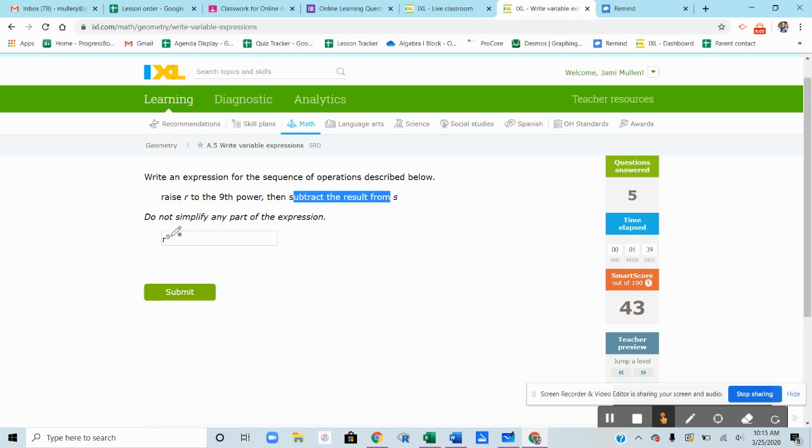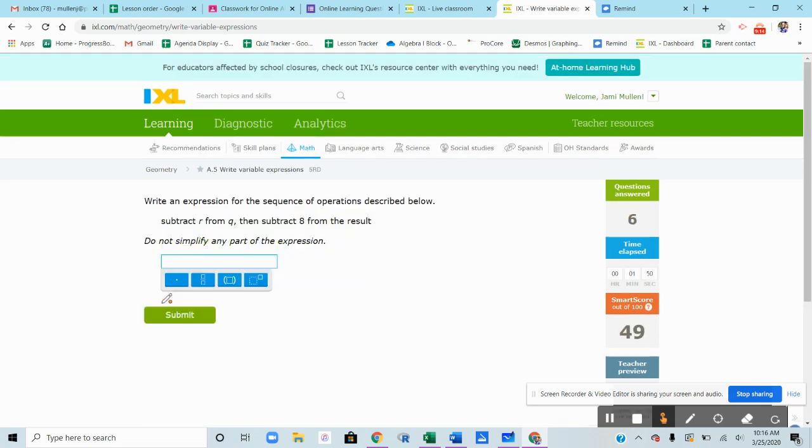So we need to take this R to the 9th and this S and flip them. So I actually want to put S minus R to the 9th. Right, subtract R from Q. Well, subtract from is a turnaround word. So we're going to take Q minus R. Then subtract 8 from the result. So we're going to take minus 8.